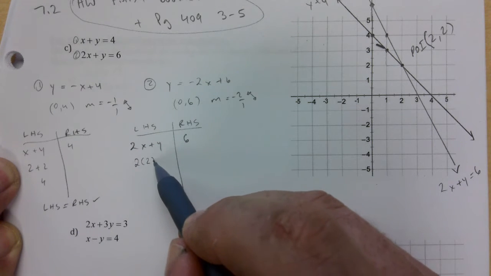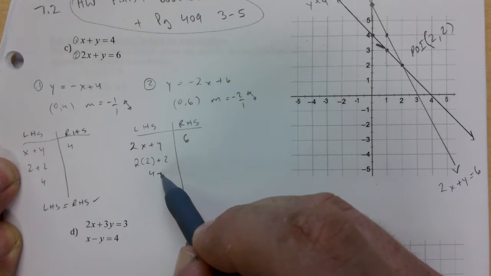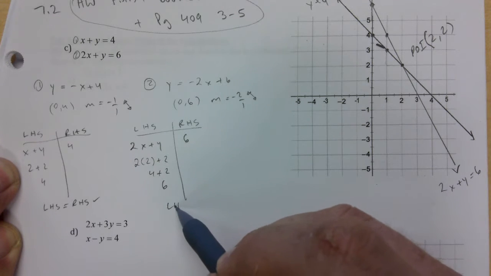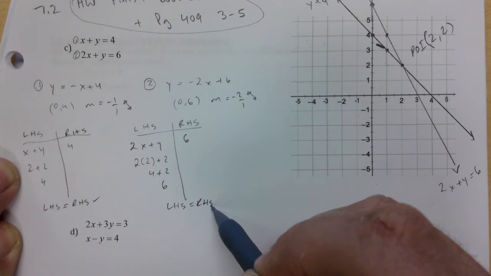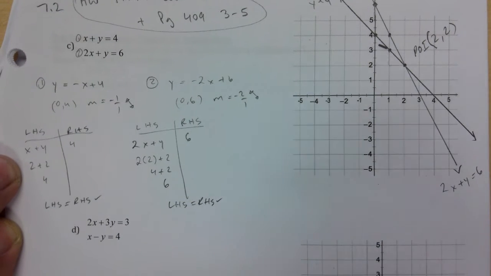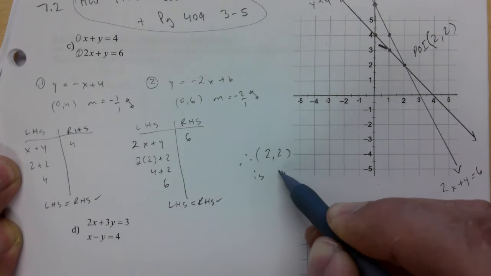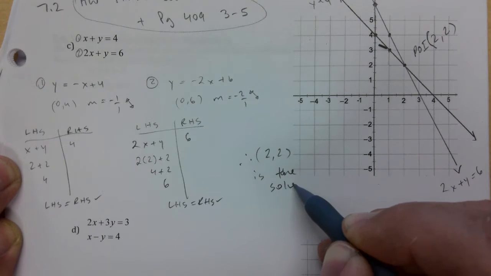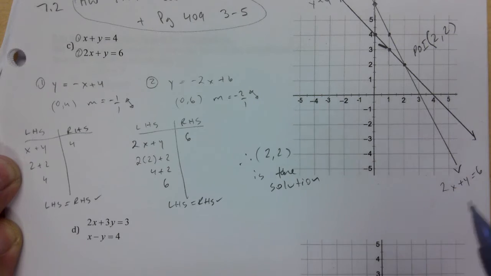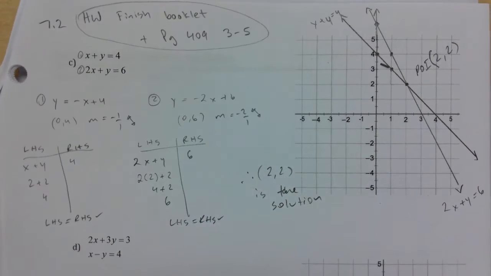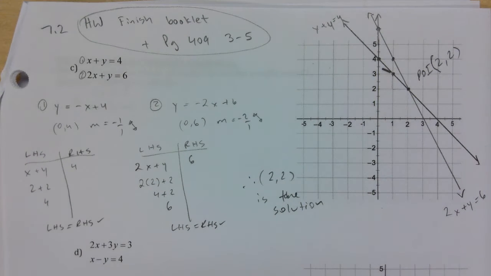So it's 2 times 2 plus 2. That's 4 plus 2, which is 6. Left hand side is equal to right hand side. Therefore, 2, 2 is the solution to the system. Okay? Keep it there for a bit.